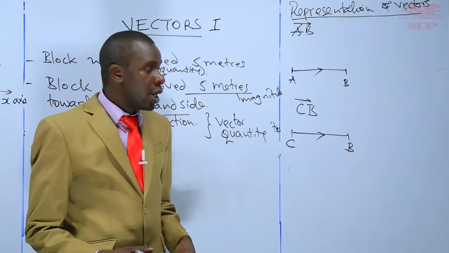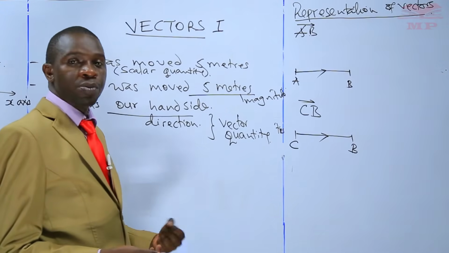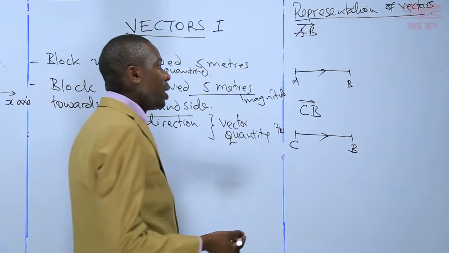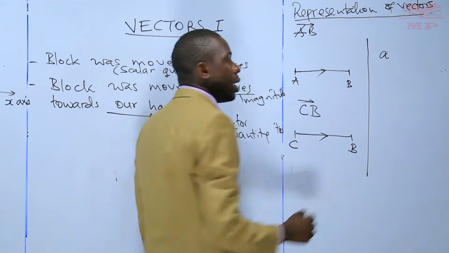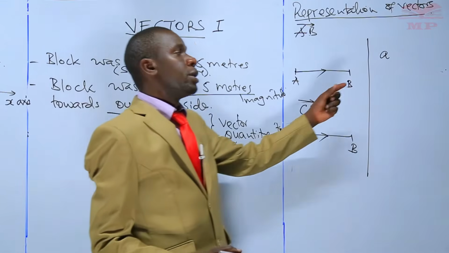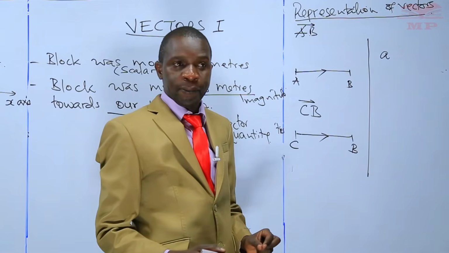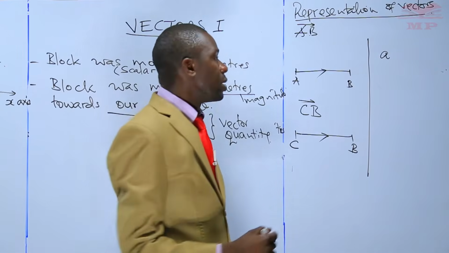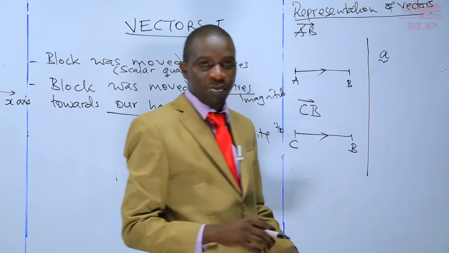Now, there are situations where our vectors can be represented by a single small letter. You can find a vector written as vector A. Normally in typing, you'll write a bold A, but when we are writing using our pens, it is normally A with a wavy line just below.